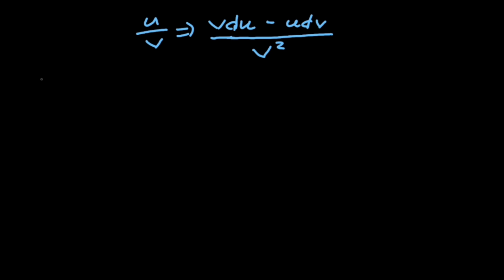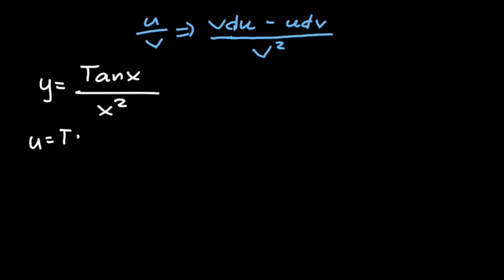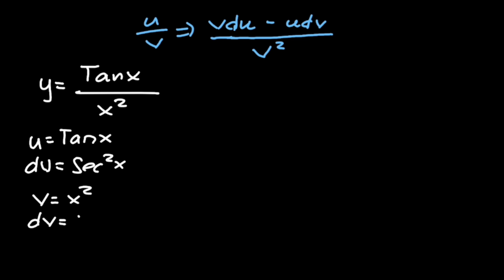This will be the last problem of this video. Y equals tangent of x over x raised to the power of 2. U here is tangent of x, and the derivative of tangent of x is secant squared of x. V here will be x squared, and the derivative of v will be 2x. Plug this in the formula.